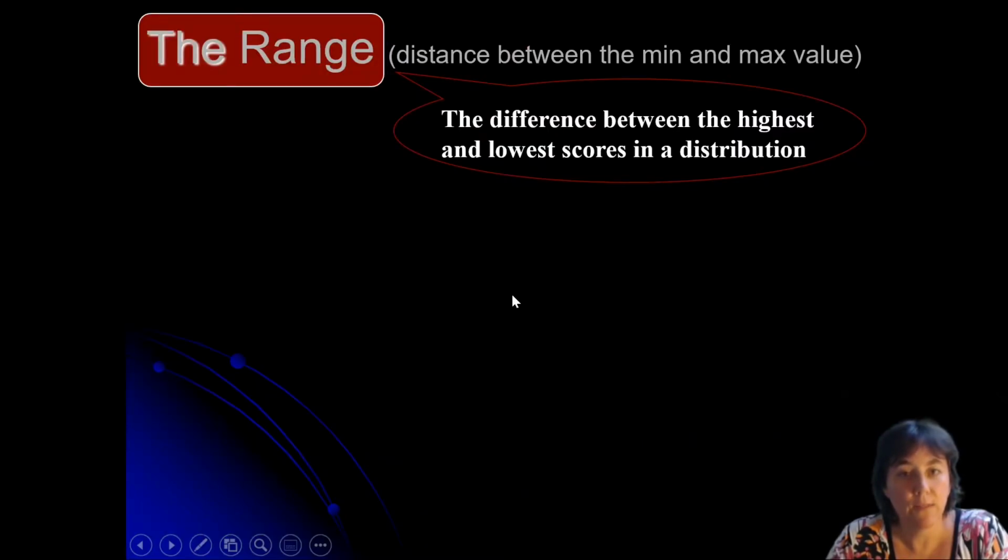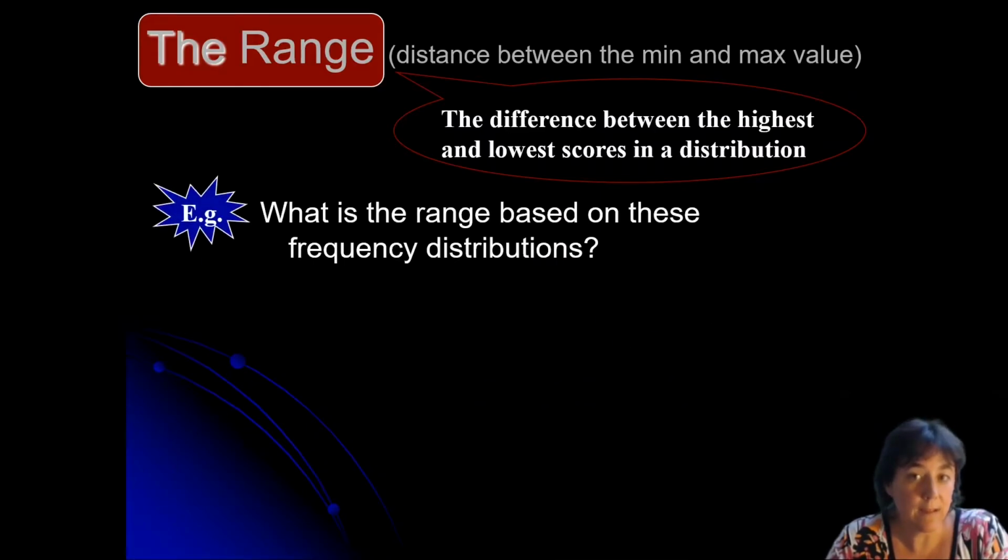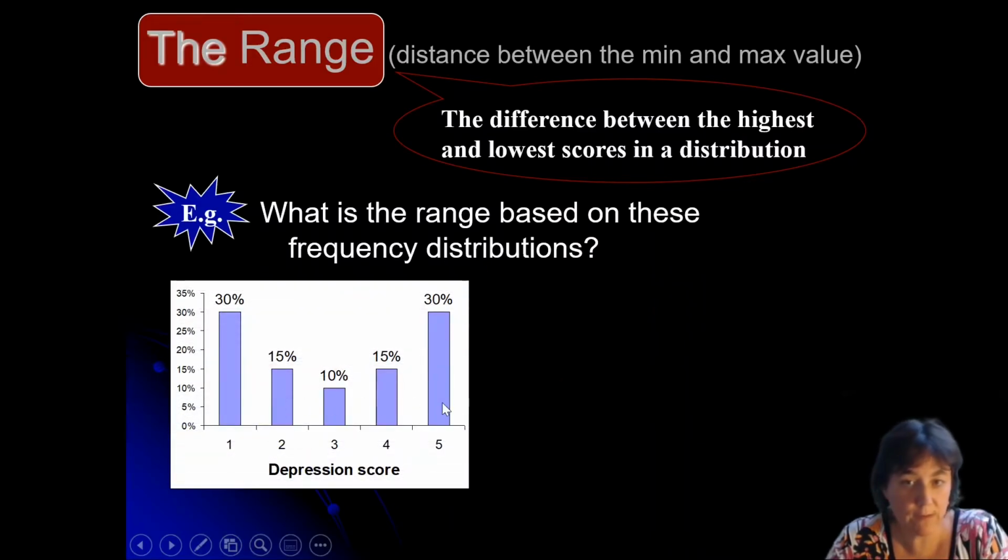Now the range is a very simple dispersion measure. It's the distance between the minimum and the maximum value. And let's see an example. What is the range based on these frequency distributions? So we have this frequency distribution on depression scores. The range is 4.